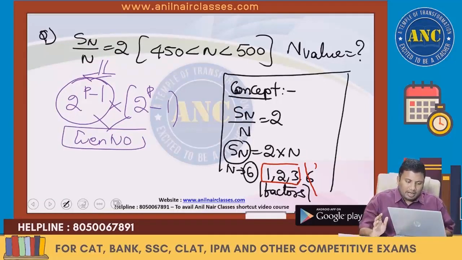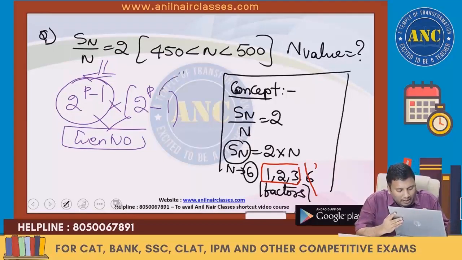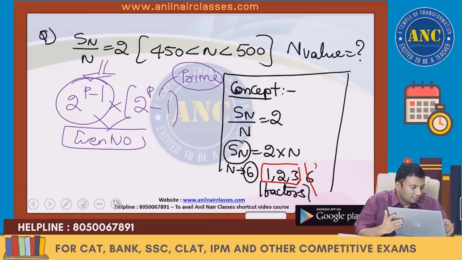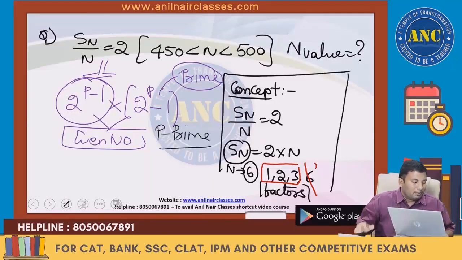Even number, right? So p value 2 is not possible, p value 3 is not possible. This should be a prime number. The entire catch is that if 2 power p minus 1 is a prime number, that will result in the p value being a prime number, right?